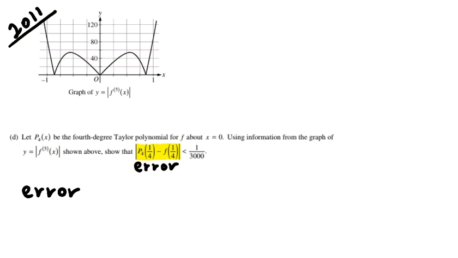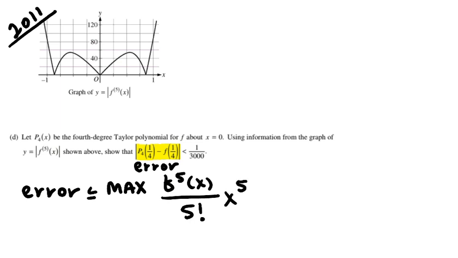All right, and so the error is less than the maximum possible value of the next term. Well, the next term is going to be that fifth derivative, f's fifth derivative of x divided by 5 factorial times x to the fifth. And we're going to make that, between the centering point and the point that we're interested in approximating, 0 to 1/4, for our possible x values.